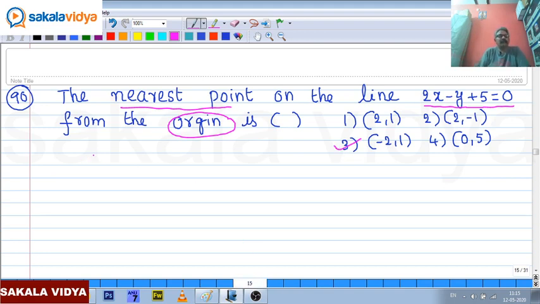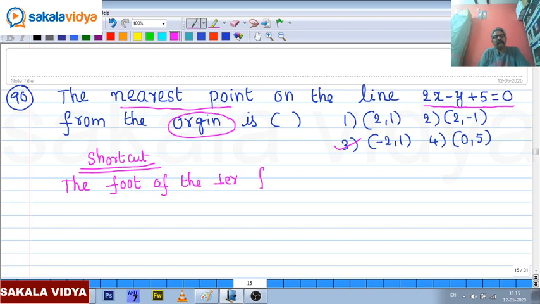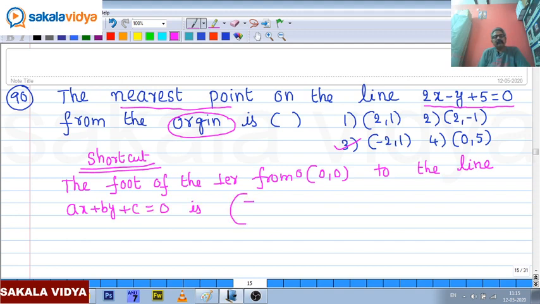And one more shortcut also we can do. The foot of the perpendicular from the origin to the line ax plus by plus c is equal to 0 is minus ac by a square plus b square comma minus bc by a square plus b square.